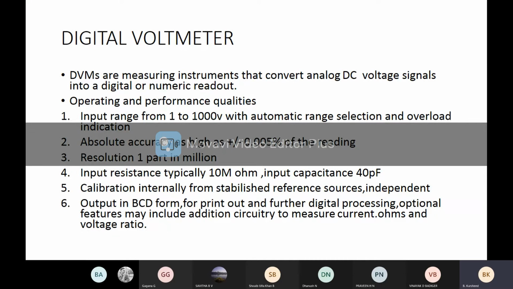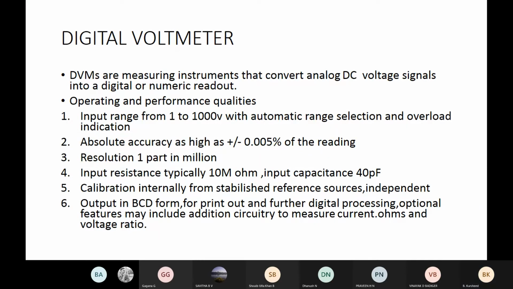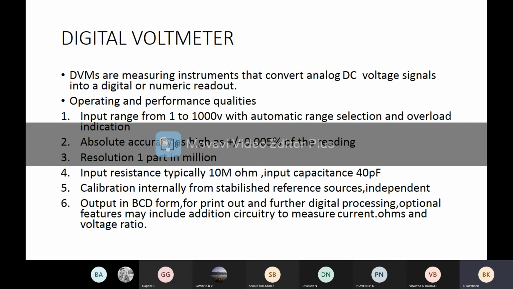In that multimeter, it will be displaying digital values. Those digital values are human friendly. Human friendly means human beings can read the value; by seeing it, they can tell, oh, it is 5 volts, it is 10 volts.